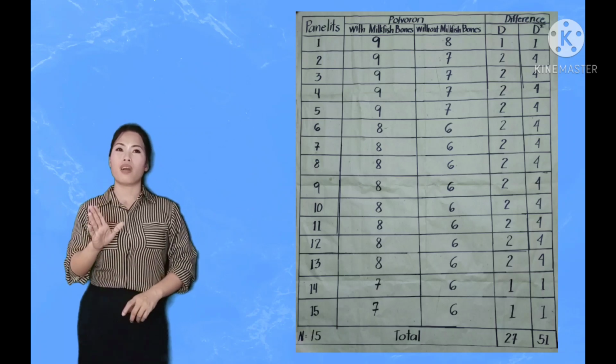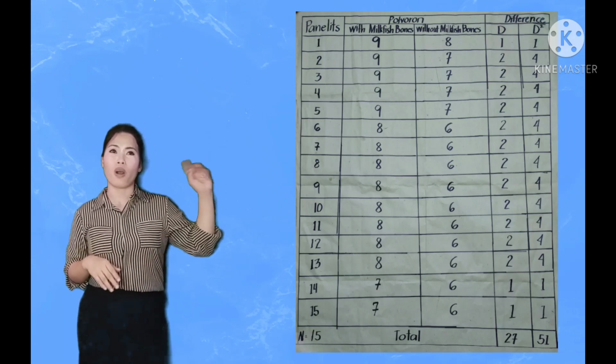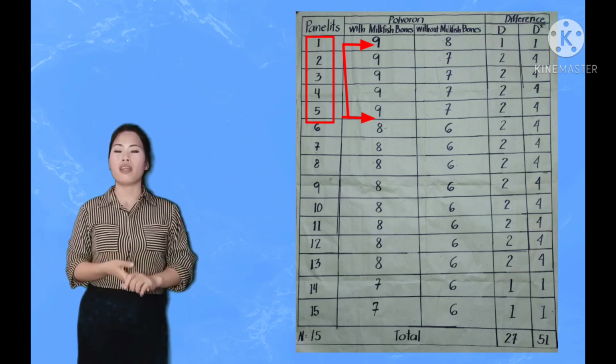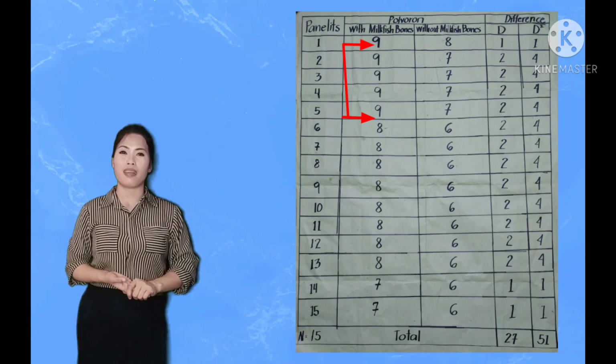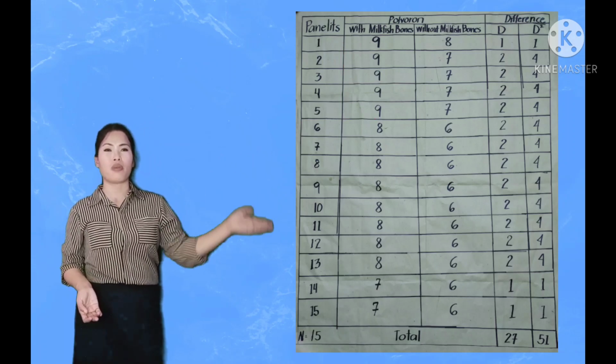Out of 15 panelists, there are 5 panelists who evaluated the pulveron with milkfish bones, and they gave a score of 9. That is why we have that number here.